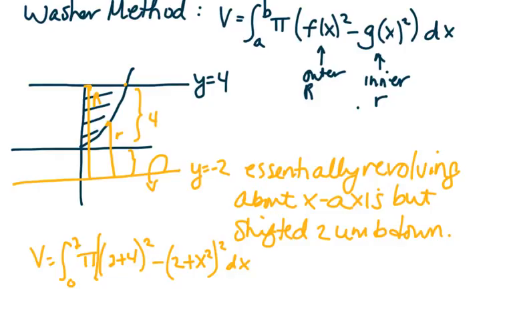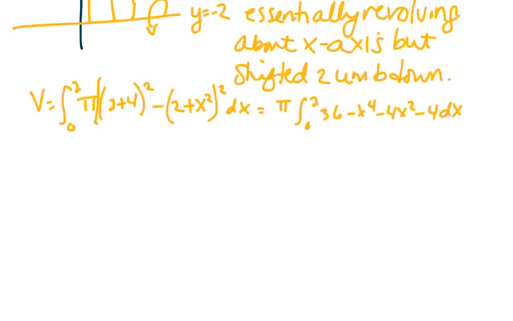Now this is just algebraically working through the problem. I'm going to pull the pi out, and I have the work done in front of me so that I can speed up this video. Take the antiderivative and clean this up algebraically.